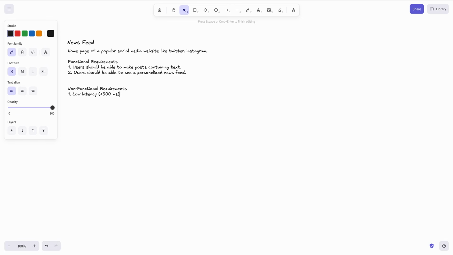This is a reasonable goal and a metric, and this ensures that, including the network delay and loading the content, users would be able to see their content within a couple of seconds.